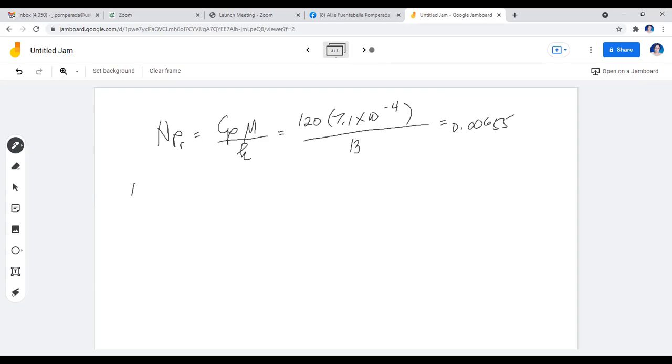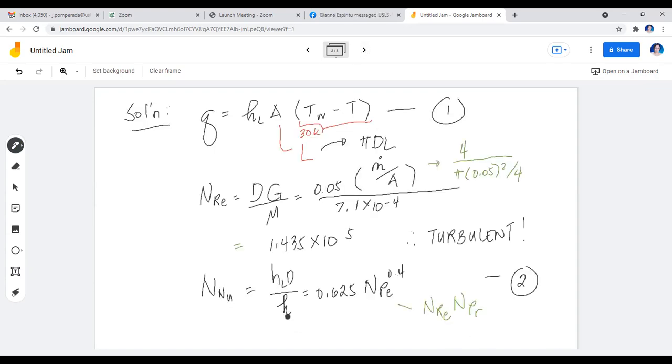This will give you an answer of 0.00655 for your Prandtl number. Now from equation 2, we will derive a formula that would lead us to the heat transfer coefficient.